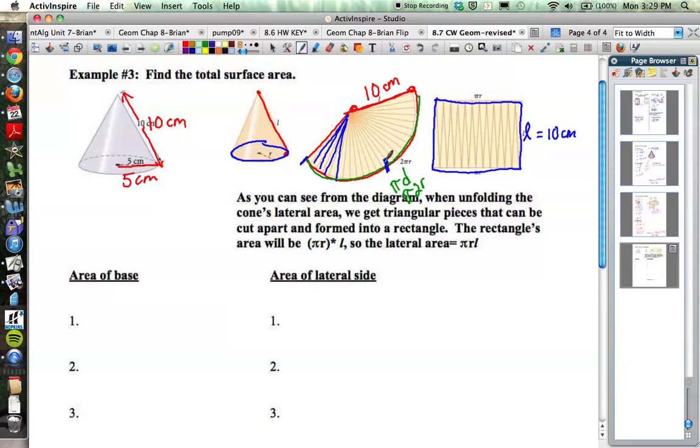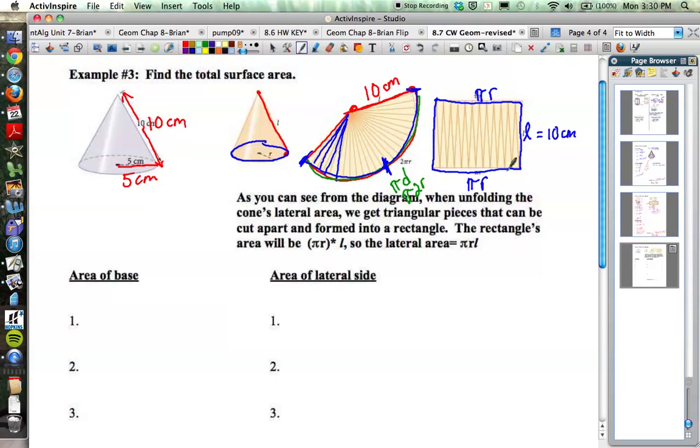So we've got this half right here, and then this half over here. So the base of that rectangle is half of pi d, or half of pi 2r, which is basically just 1 pi r. So this distance right here, the base of our triangle, is pi times the radius. And the other one up here is also pi r. So you've got 2 pi r's if you total those up, this distance plus this distance would be the entire circumference.